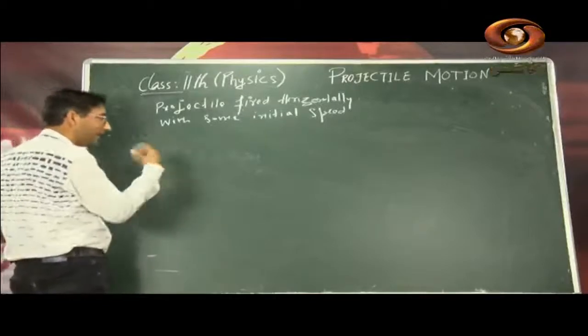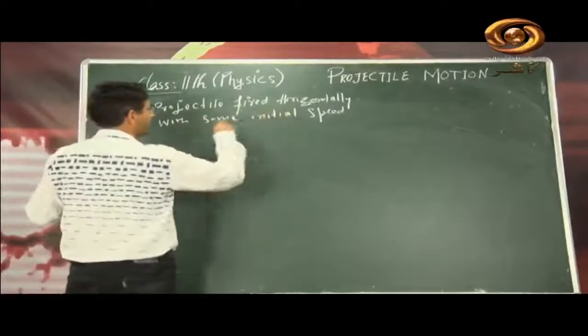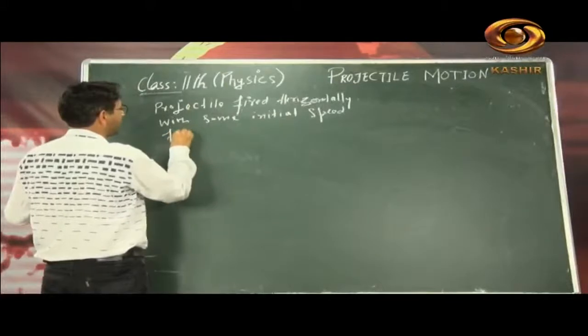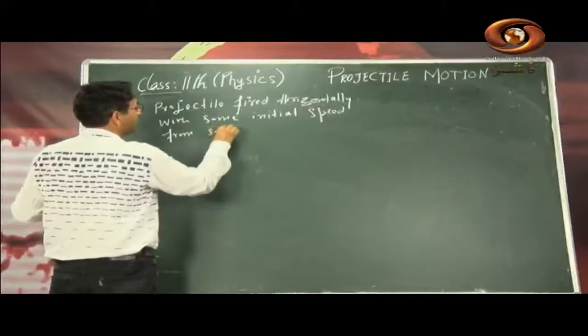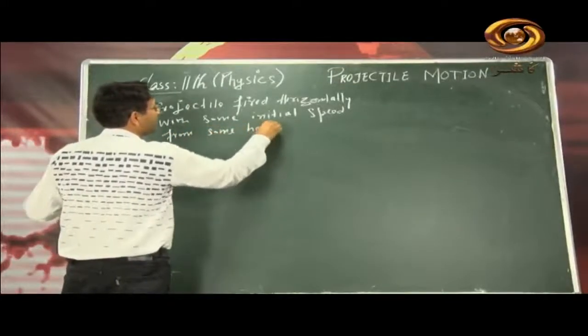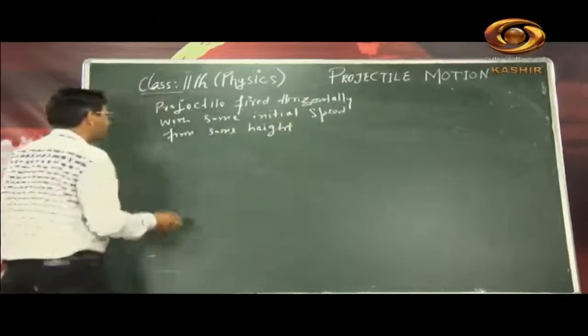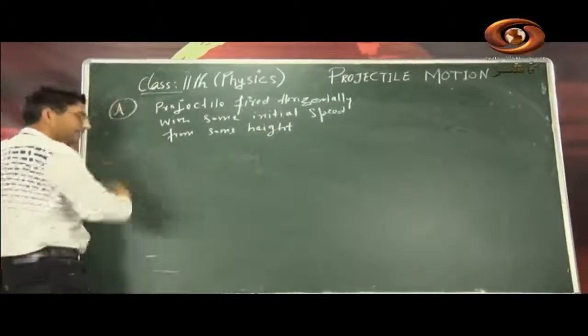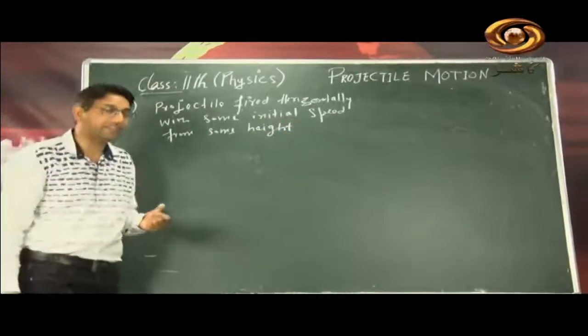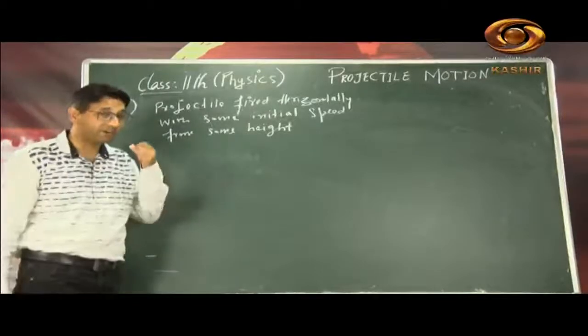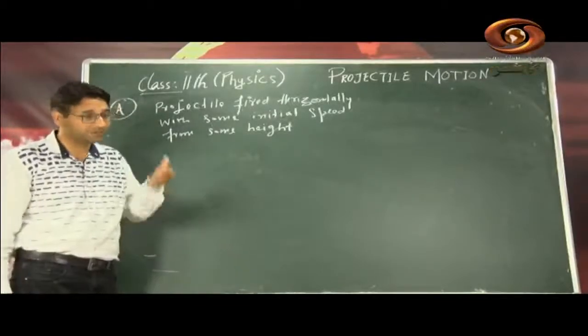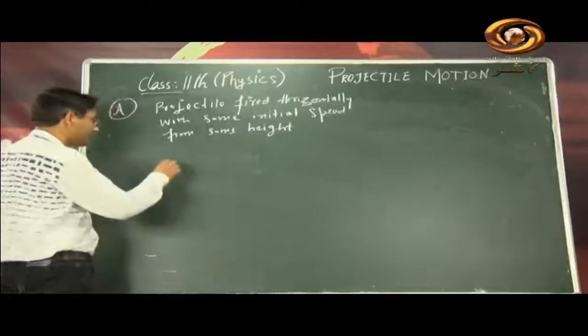Suppose we take first the projectile fired horizontally with some initial velocity from some height. This case we will do first. There will be many cases, but this one is the simplest, so we will take it as part A, where the projectile is fired horizontally with some initial speed from some height. The case is like this.